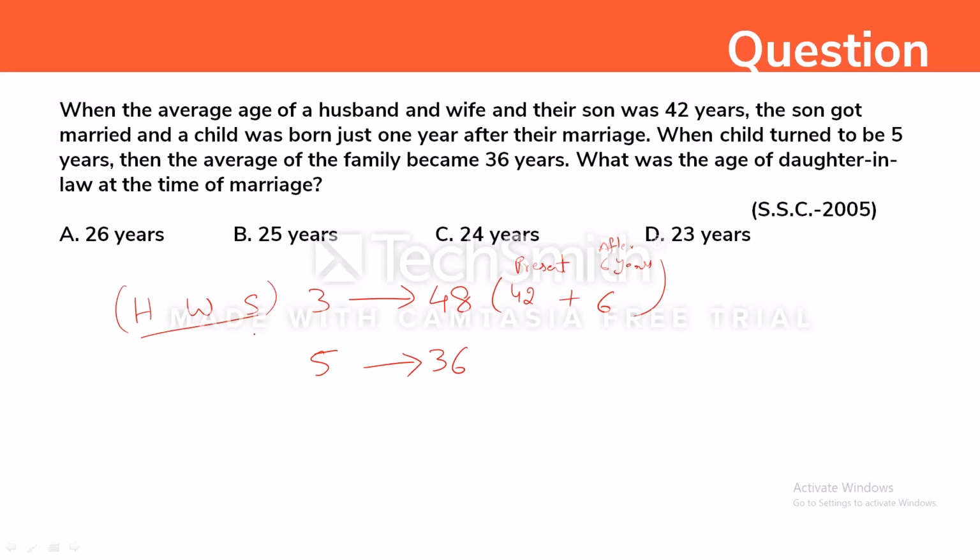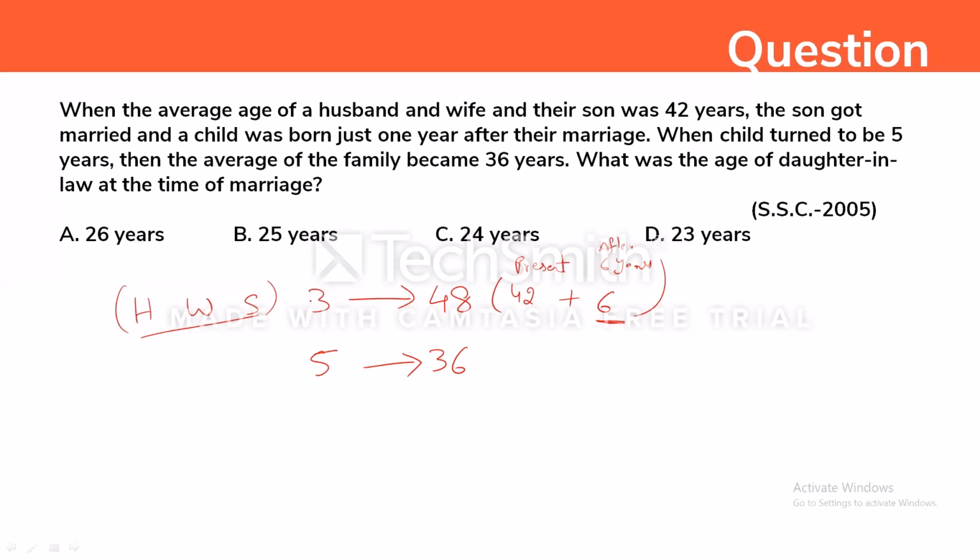After 1 year the child was born, so we need to consider this entire 1 year. When the child turned 5 years, already 1 year had completed by the time of birth. So 1 plus 5, total 6 years we need to consider. That's the reason we have taken plus 6.